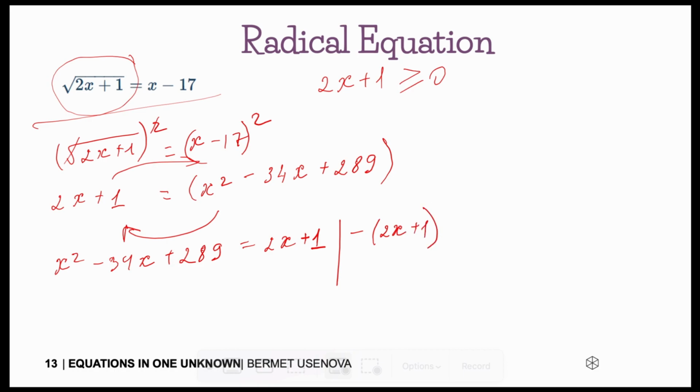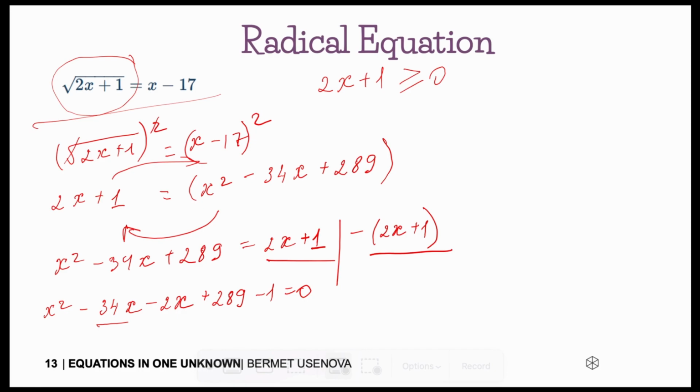And then we will get x squared minus 34x minus 2x plus 289 minus 1 equals 0, because if we subtract this from this, we get 0.